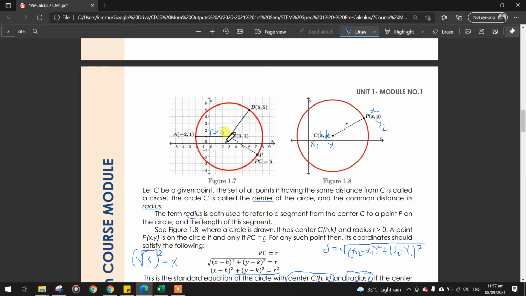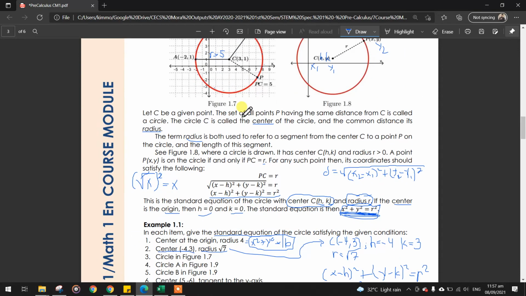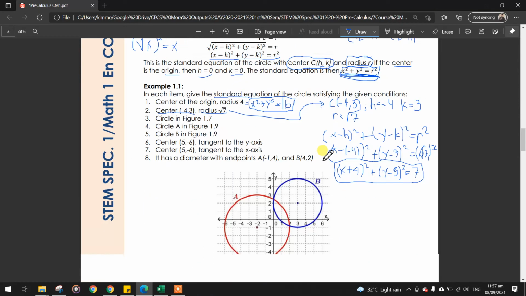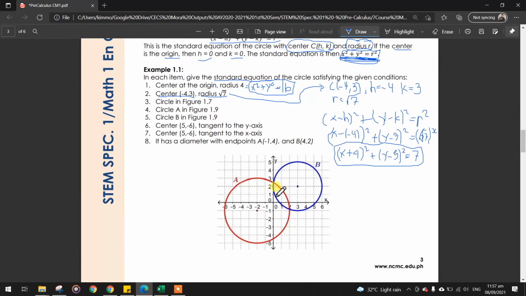So, from here, atong na dayong substitute diretso. So, atong h kay 3, atong k kay 1. Ang atong r kay 5. So, for number 3, we have x minus h. So, h na to is 3 squared plus y minus k.